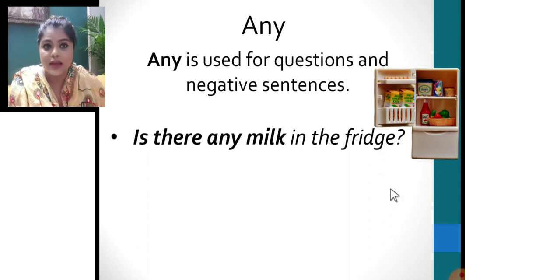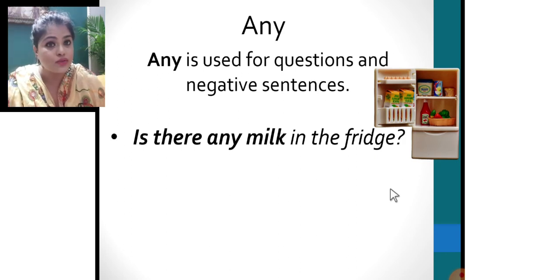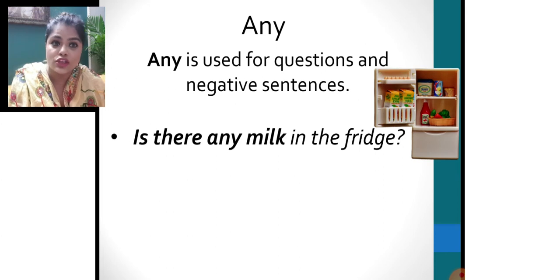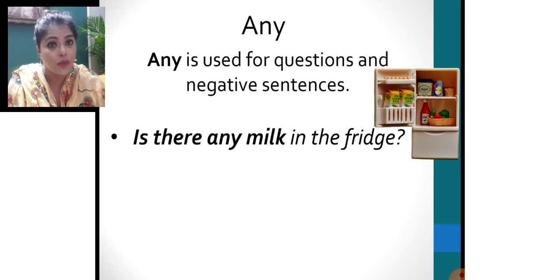Is there any milk in the refrigerator? So here any is used for the question. Is there any apple in the kitchen? So when we ask a question, we will use any.